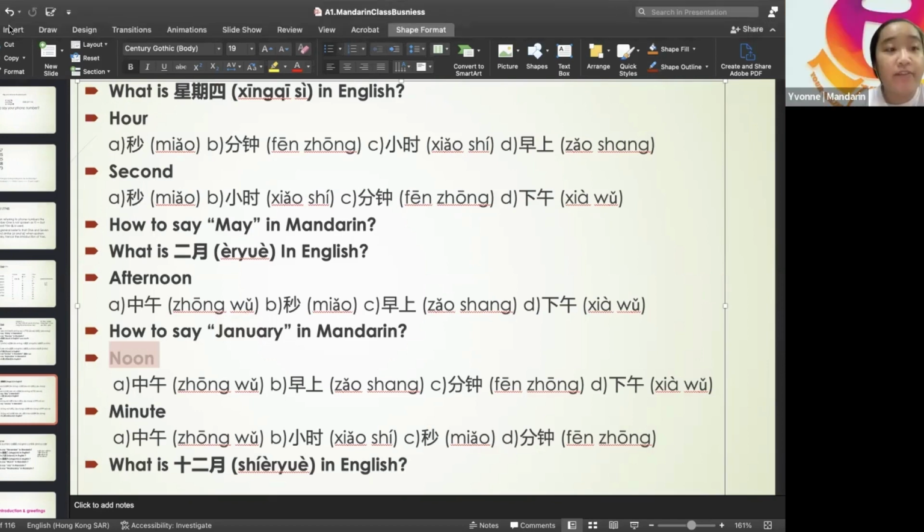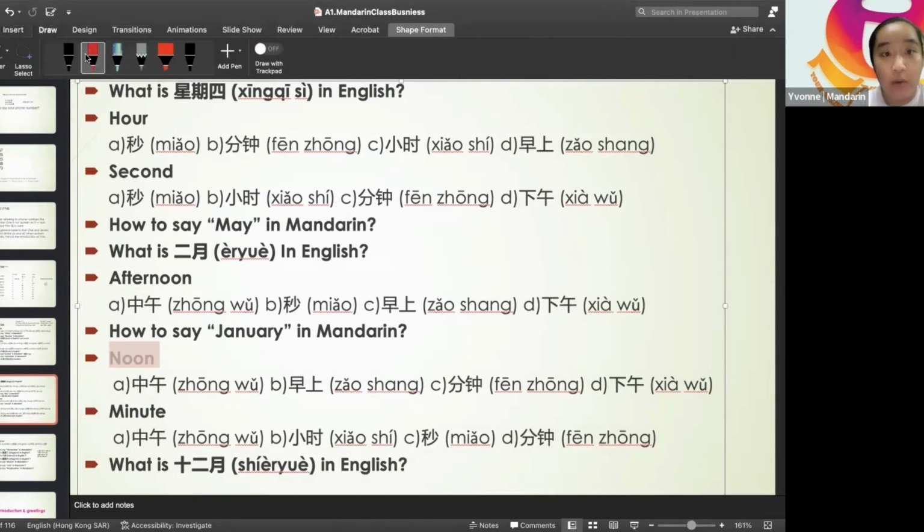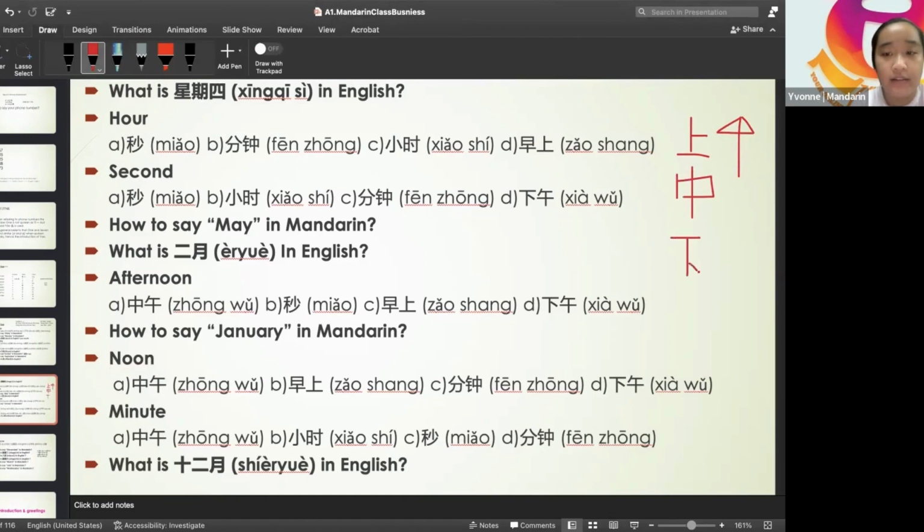Tell you something actually quite funny when it comes to 上午, 中午, 下午. The word 上, does it remind you of something like this? Up. 中, it's stuck in the middle here. Lastly, 下. Does it look a little bit weird if you put it this way?